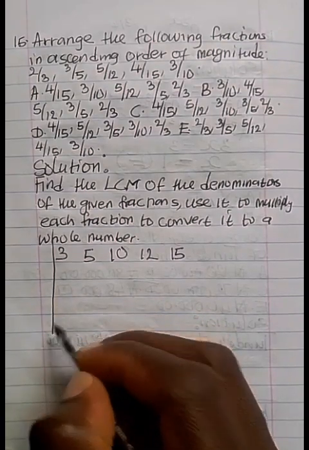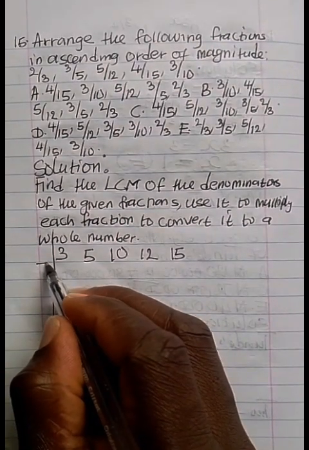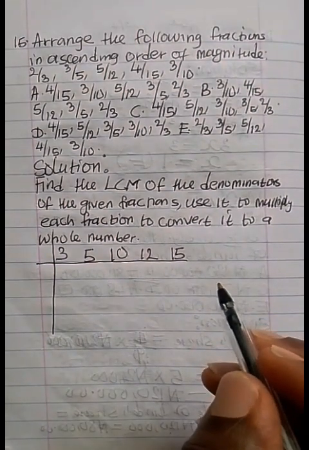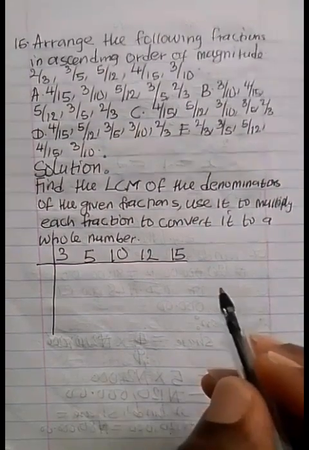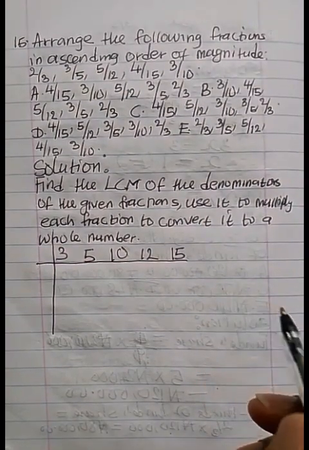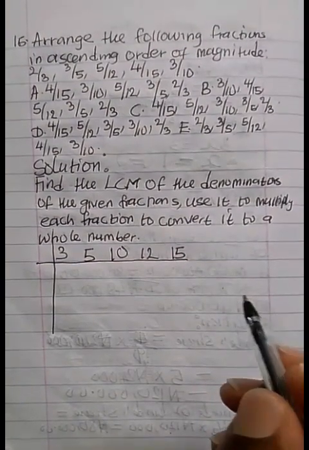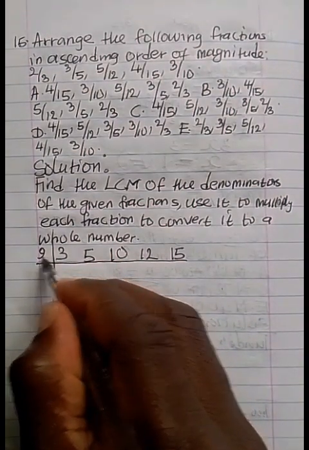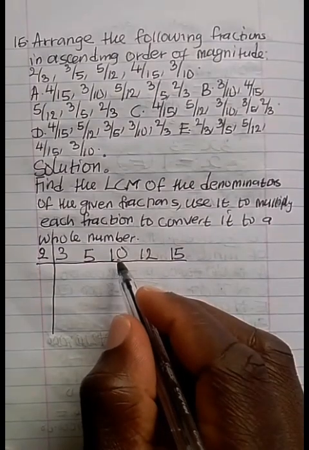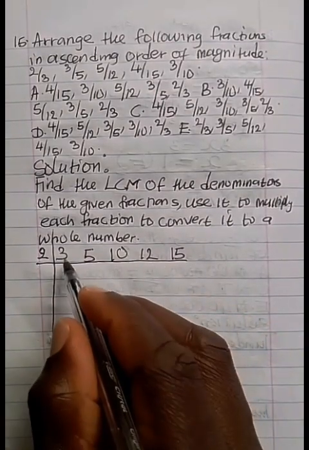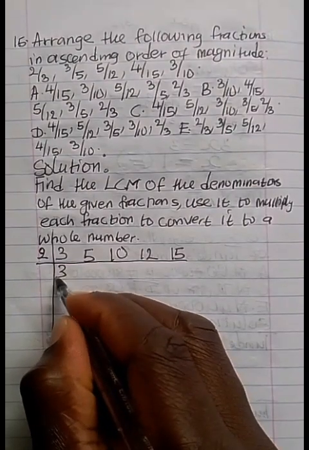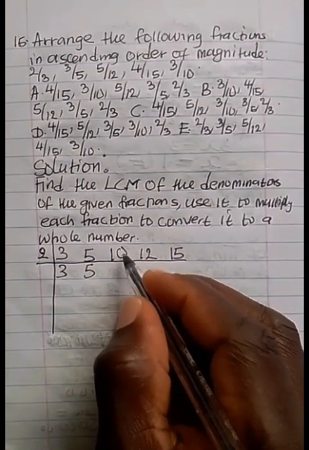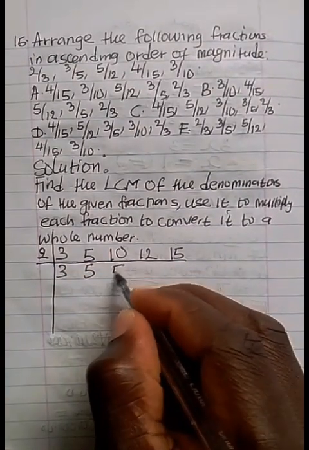What we do here is divide the various numbers continuously until we get to 1. When dividing, we use only prime numbers. The first prime number that can divide is 2 because of 10 and 12. Divide 3 by 2, cannot. You bring it down. Divide 5 by 2, cannot. You write 5. 10 divided by 2 is 5.